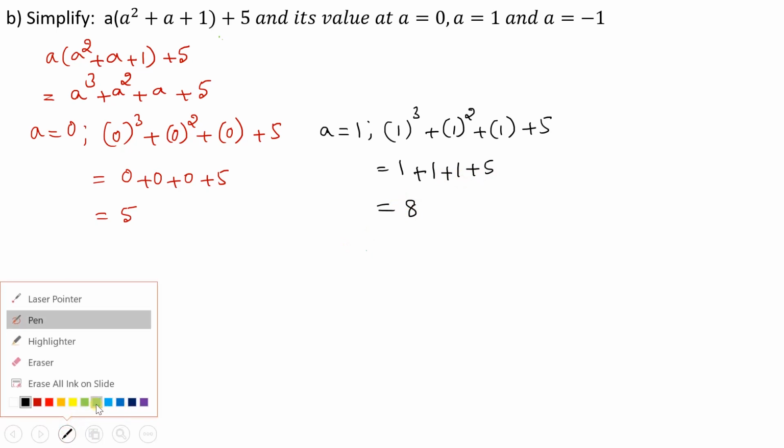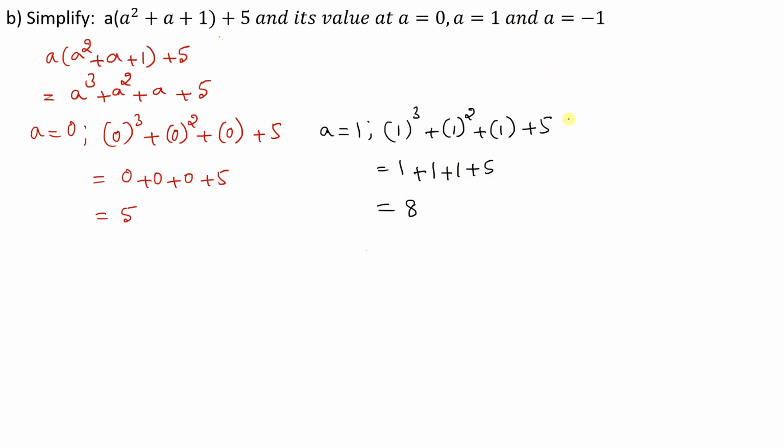Now let us find the value of this expression at a is equal to minus 1. Minus 1 whole cube plus minus 1 whole square plus of minus 1 plus 5. That's equal to minus 1 whole cube. Any negative integer raised to an odd power is negative.